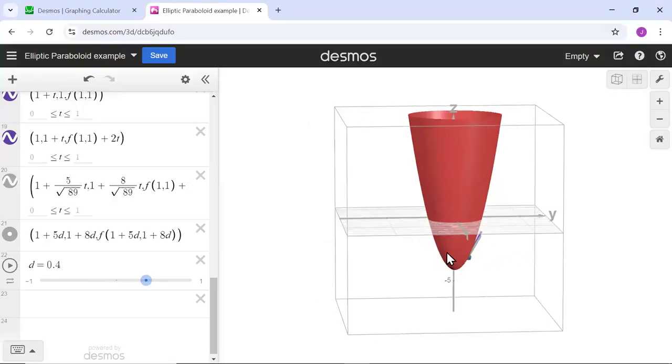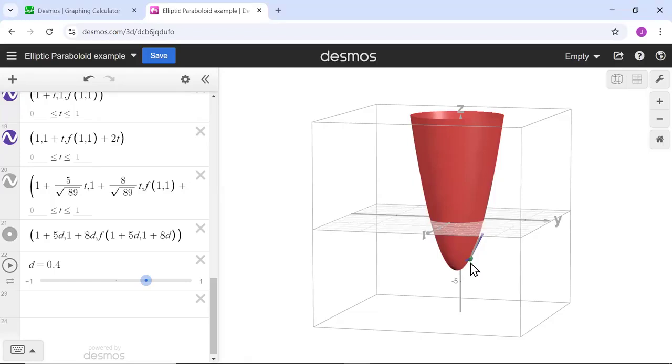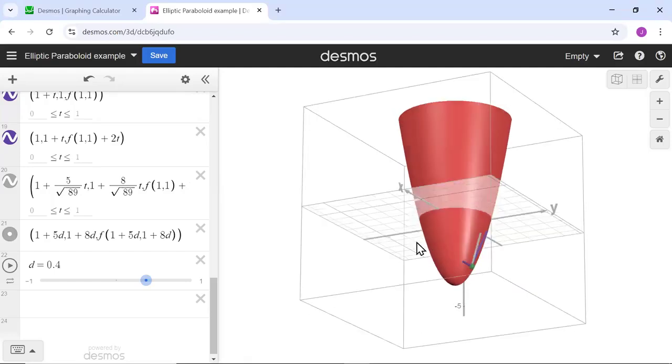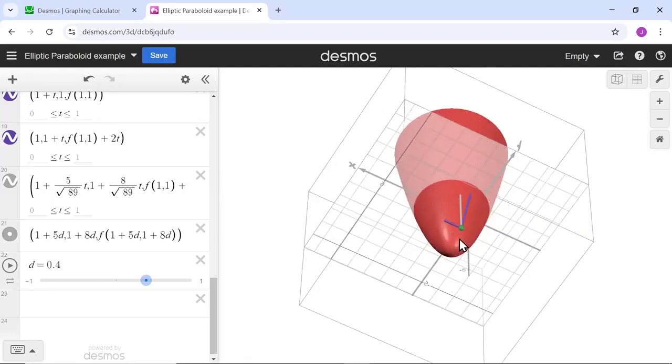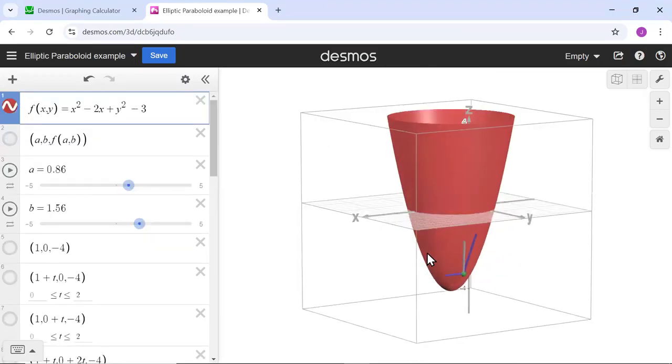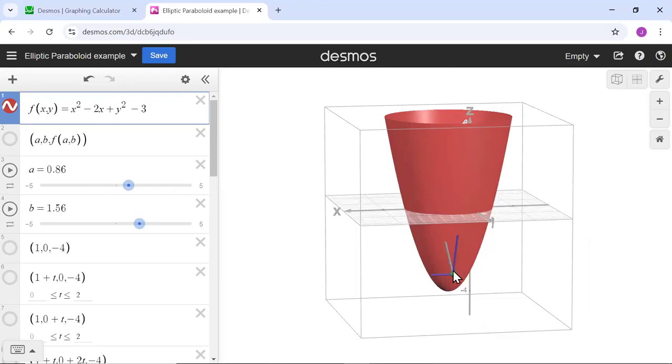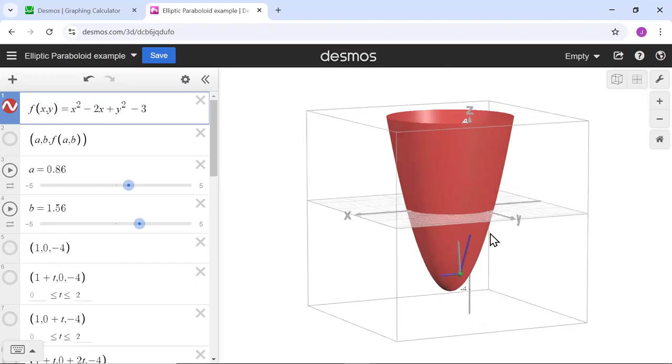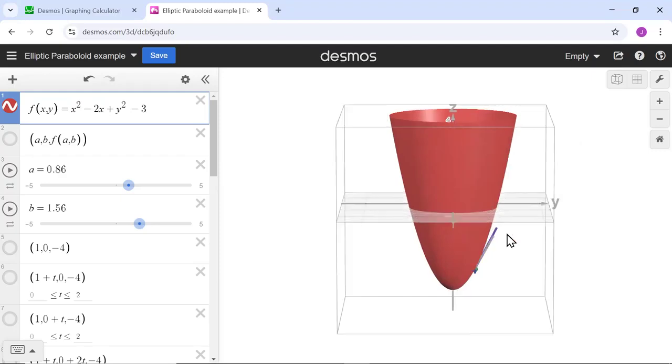So here we are once again looking at our same function. That surface. What's going on here is that, again, purple is the directional derivative. This time, the purple that's sticking up is the directional derivative in the y direction.